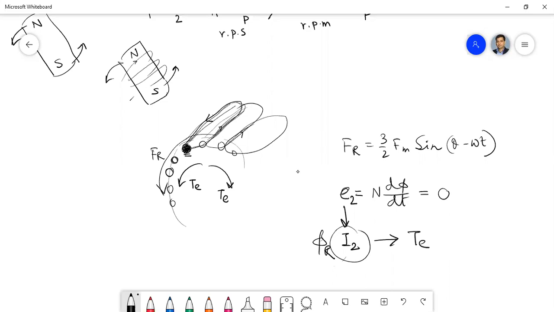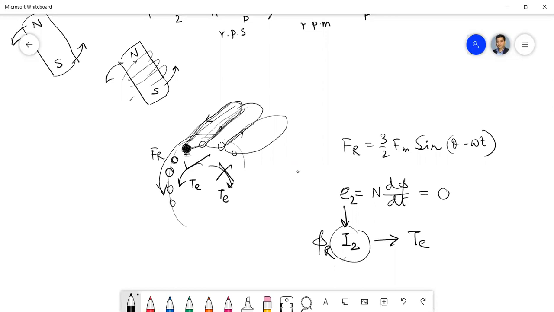So this is how we can answer that question, that the rotor will rotate in the same direction as the rotating magnetic field. So that means the torque will be generated in the same direction of the rotating magnetic field, not in the opposite direction. Is that clear?